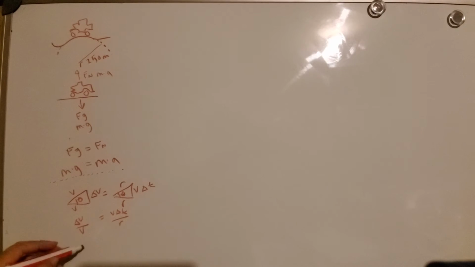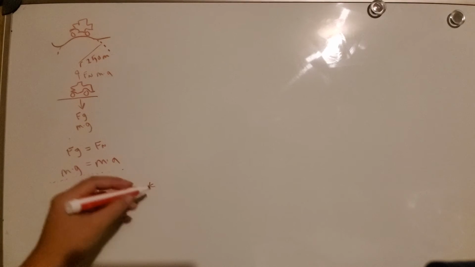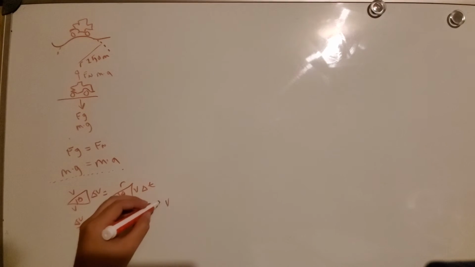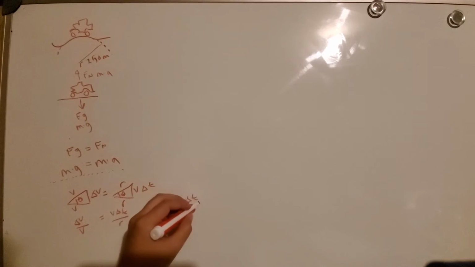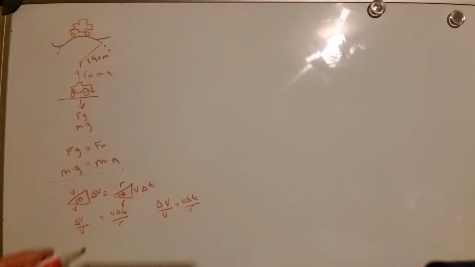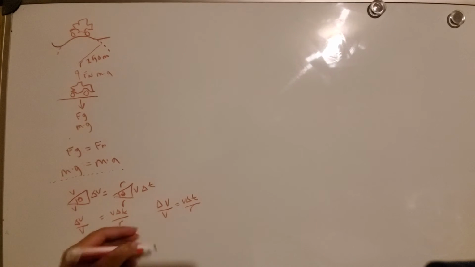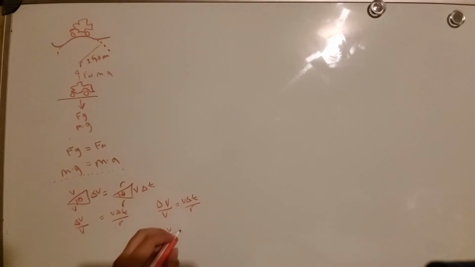So delta v over v is equal to v times delta t over r. We can rearrange these equations, so delta v over delta t is equal to v squared over r.